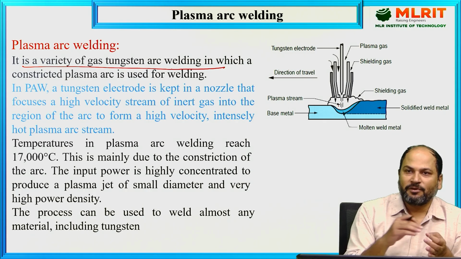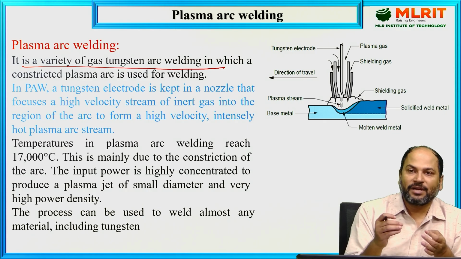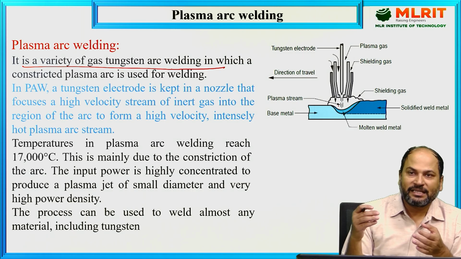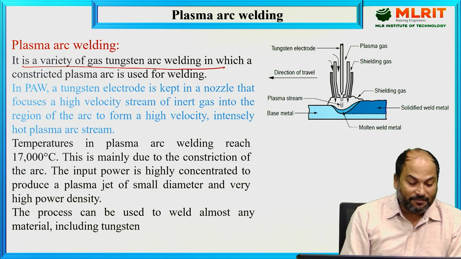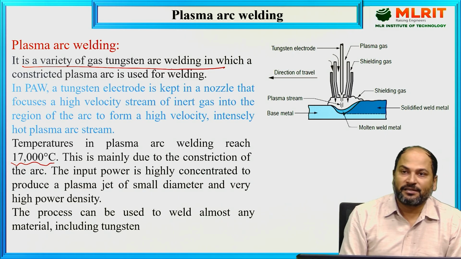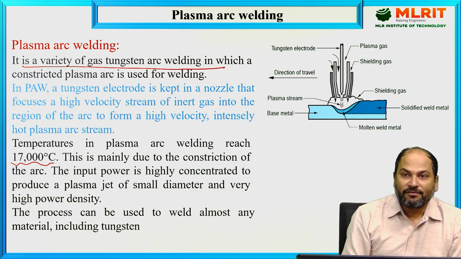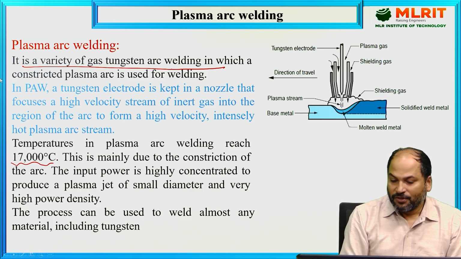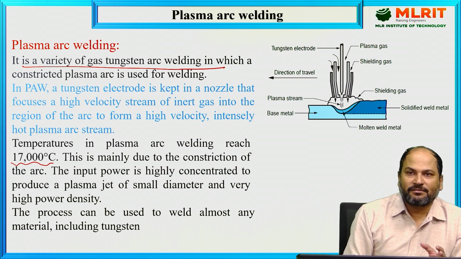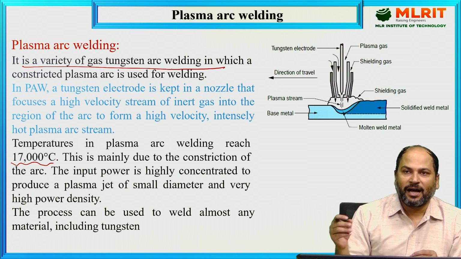Once it passes through that arc, it will be ionized over there. Because of their high velocity, it further increases the temperature, and that temperature may reach up to 17,000 degrees centigrade. This is a very, very high temperature. That's how plasma is actually generated. Plasma is nothing but ionized gas at very high temperature.